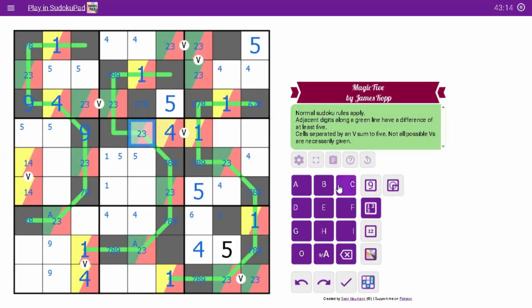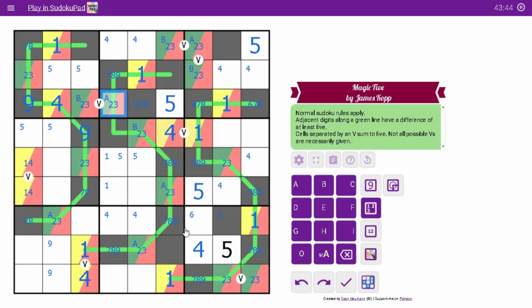Now I'm going to call this B. So this must be A. What does this tell me? If that's A, then this is B, and this is B, and this is A. So by Sudoku, B is here, which means that's A.